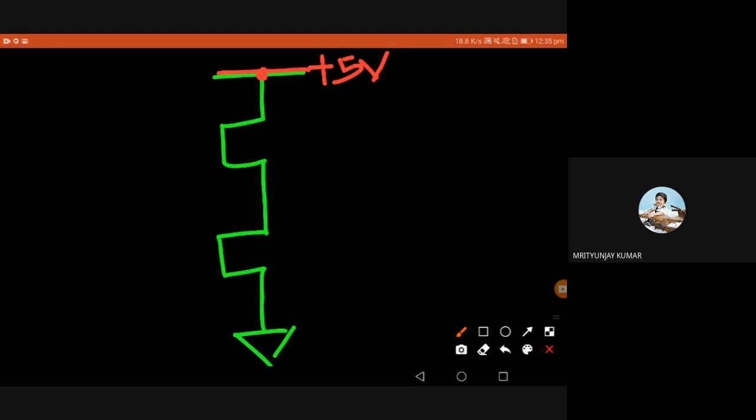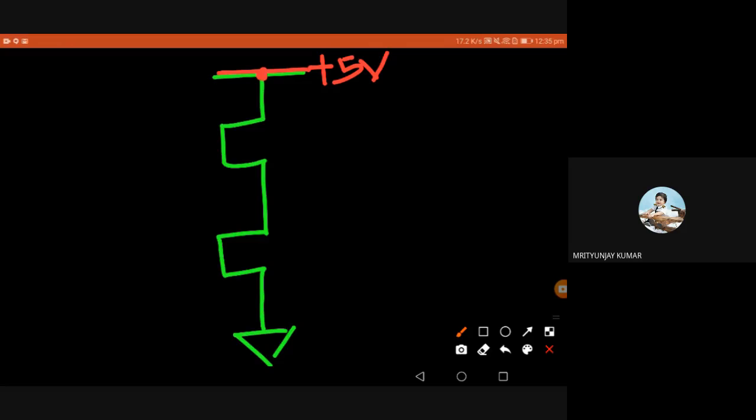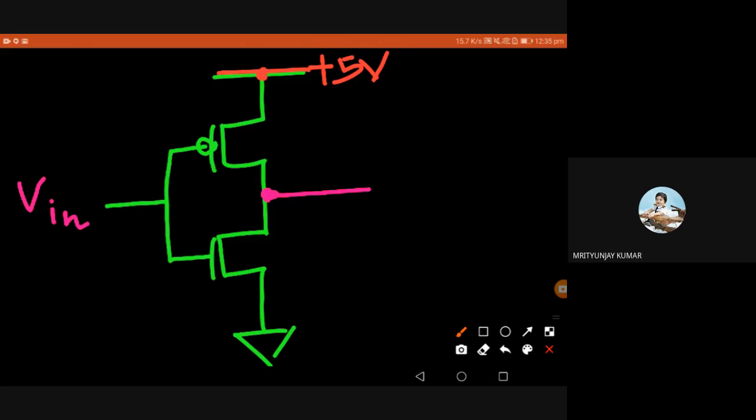The top MOSFET is a PMOS. How can I detect? The bubble, right? And the bottom is an NMOS. Now I connect the inputs of both these MOS together, and I call the common input V input. The output I take from the common meeting point of the two MOS, and I call it V output.